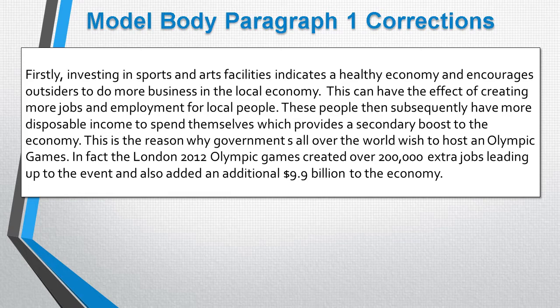And it starts, firstly, investing in sports and arts facilities indicates a healthy economy and encourages outsiders to do more business in the local economy. Notice that this topic sentence is an argument that directly supports the main opinion that I stated in the first introductory paragraph. So it agrees with, and supports with, the opinion I've already given.